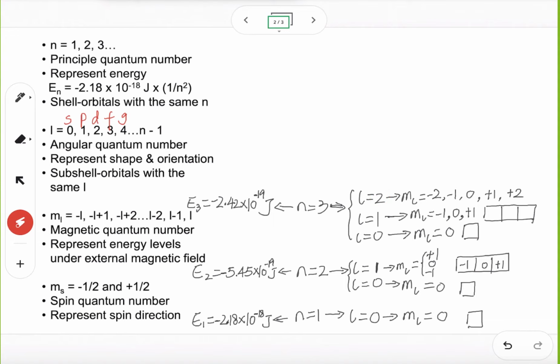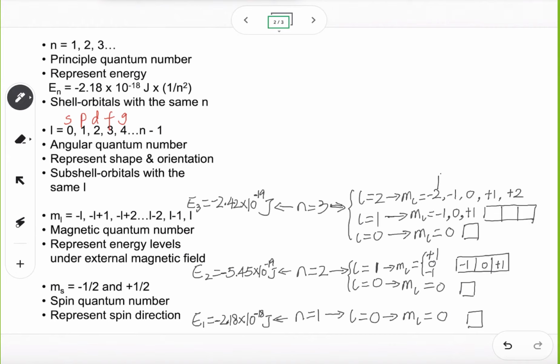That tells us you reached the upper limit. You should stop here. So for L equals to 2, there are 5 possible values for ML: -2, -1, 0, +1, +2. Since there are 5 different ML values, 5 atomic orbitals will be defined.